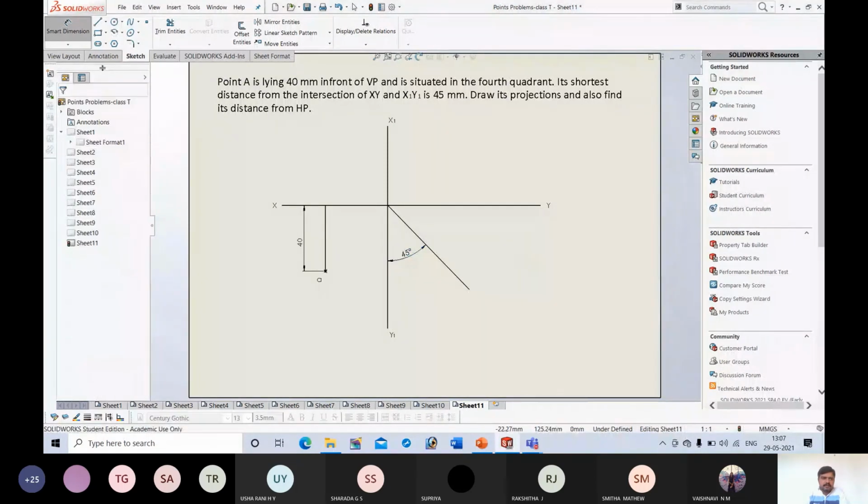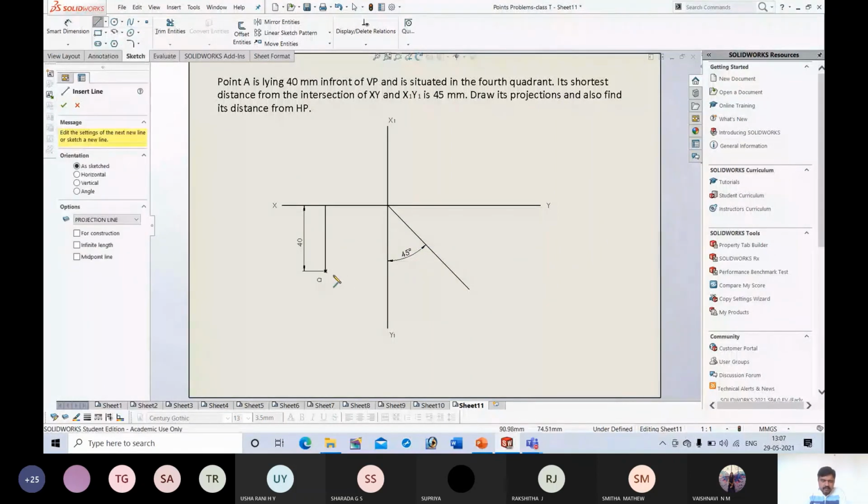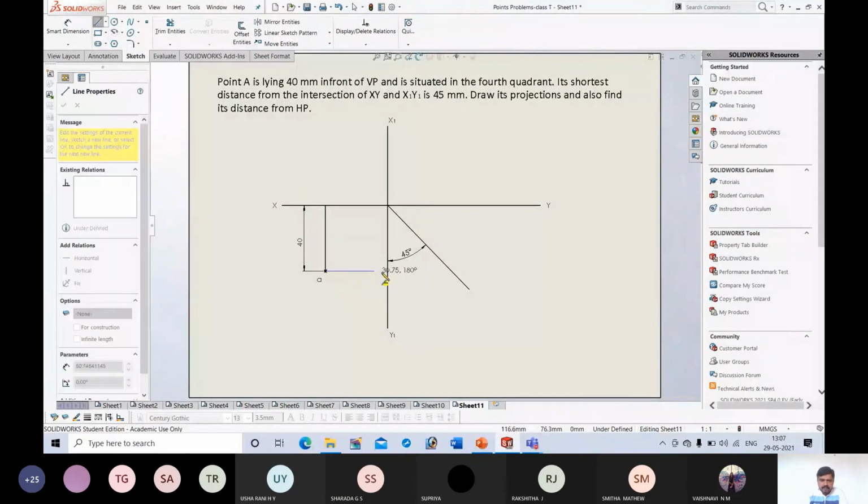Next, if I know the top view, first I should draw a line till here. Next I should draw it like this. Same procedure we followed for all previous problems, if you have observed.